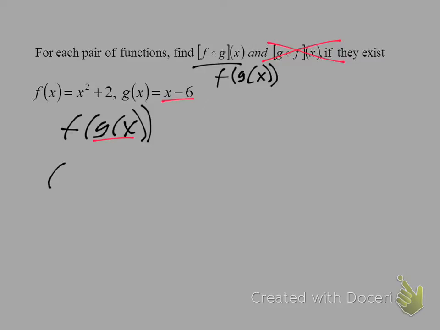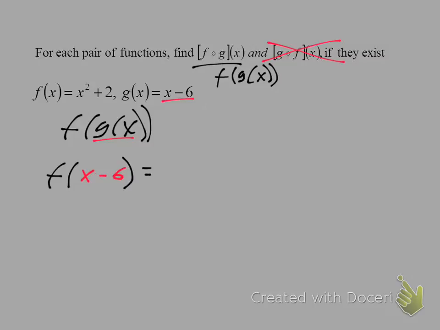Okay, so f of x minus 6. Okay, now you substitute into what? Into x. Okay, what's happening to x right here? It is being squared. So whatever we plug into that x, it also is going to get what? Squared.